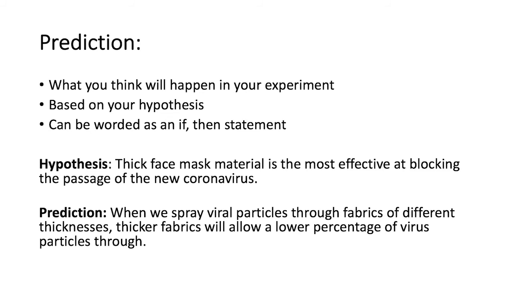Our prediction, again specific to our experiment, is: when we spray viral particles through fabrics of different thicknesses, thicker fabrics will allow a lower percentage of viral particles through. We could have written this as an if-then: if we spray viral particles, then thicker fabrics will allow a lower percentage through. But you don't have to. I just wanted to show it to you both ways.